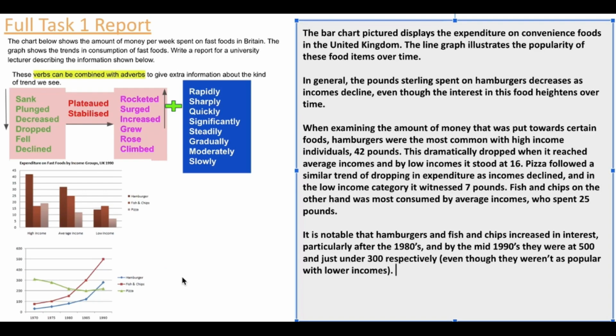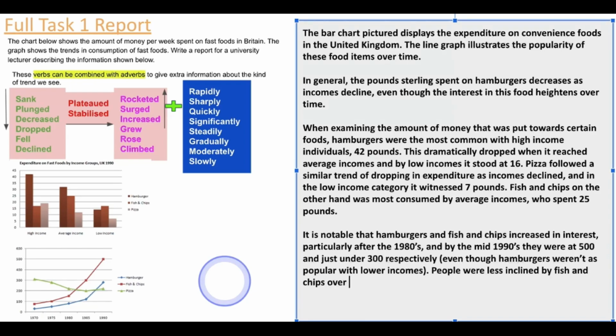We could talk about, oh, actually, fish and chips, we could say, even though hamburgers weren't as popular with lower incomes, fish and chips, however, maybe we could say people were less inclined by fish and chips over time, gradually over the 20 years, ending in 1990 with just over 200.